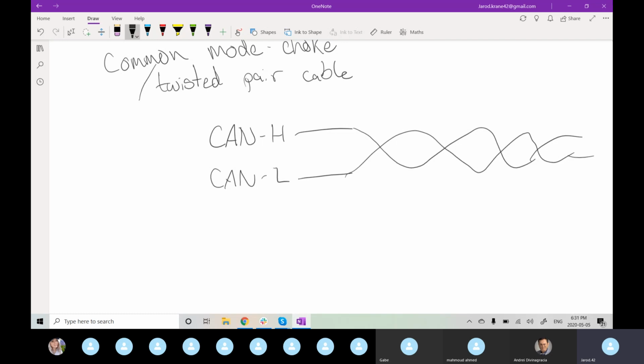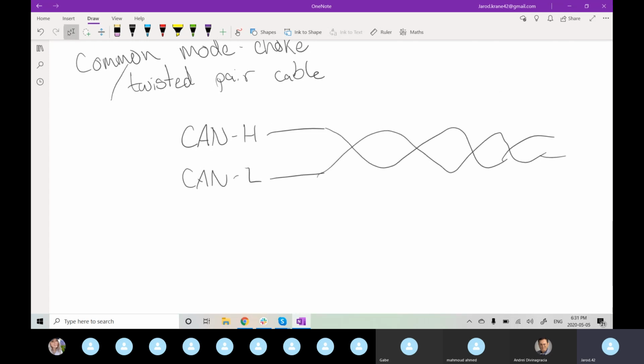This way, your wires will pick up noise together, and you can do some filtering based off of differential pair calculations. So if there's a spike in one, you can catch that anomaly in both and exclude it from your signal.